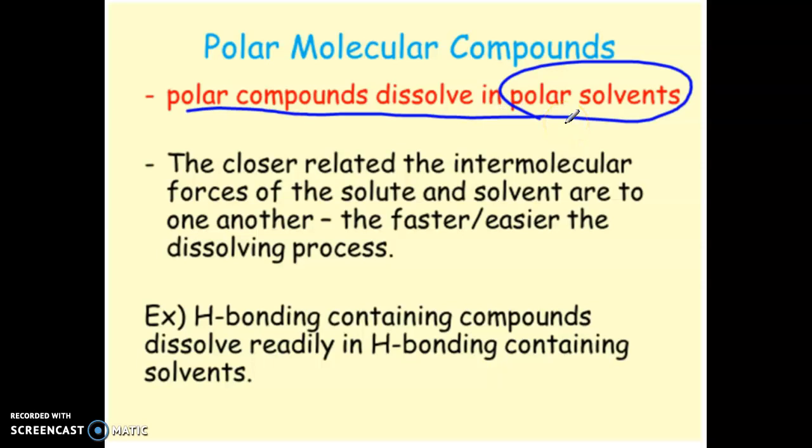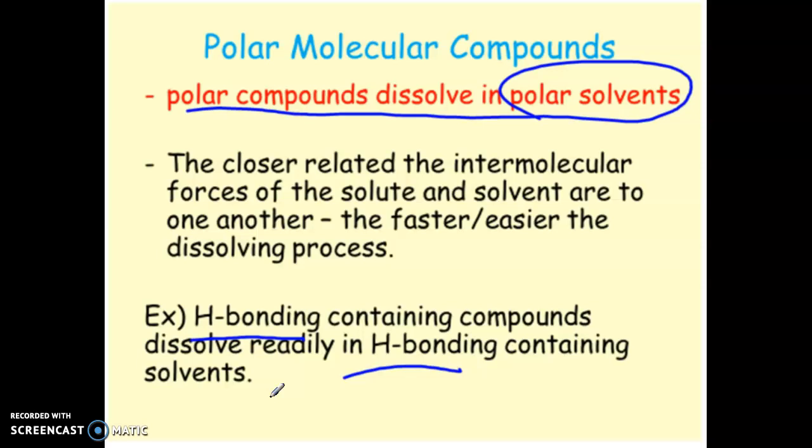We've already mentioned this. And actually, it's important to note that the more closely related the particles are, the easier it is for that substance to dissolve. So let's say you have a solvent that has hydrogen bonding. If you have a compound that has hydrogen bonding, it will dissolve even faster than it just being polar.